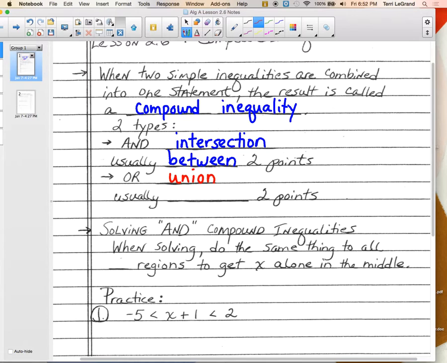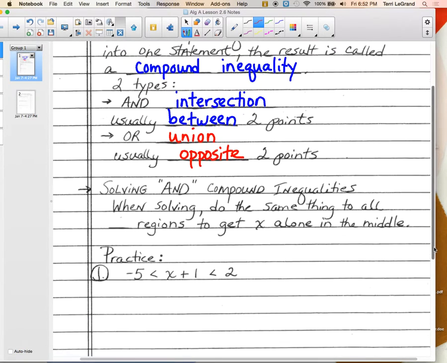Even if one is true and the other is false, like in your statements for today, P or Q is still true because it met one of the standards. It didn't have to meet both. Typically, when we graph these, the solution region goes out in opposite directions from the two endpoints.